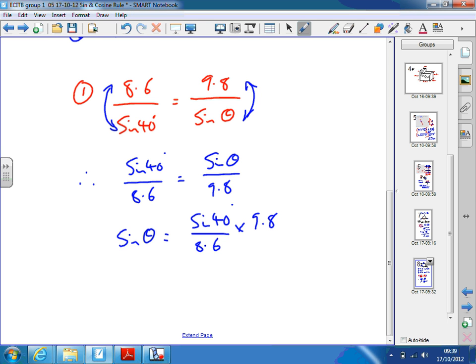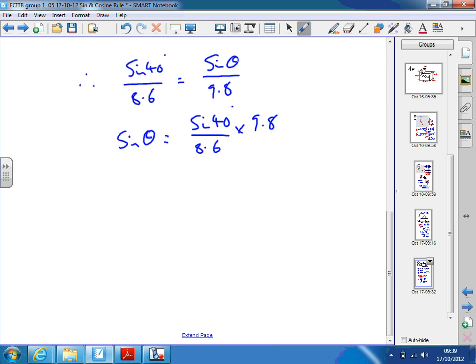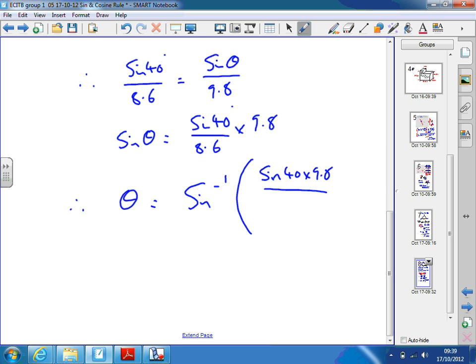But as Cameron says, we want the angle. So sine of theta is that, so it's sine to the minus 1. Therefore theta equals, and this is the key step, sine to the minus 1, the angle whose sine is, brackets, sine 40 times 9.8 over 8.6.